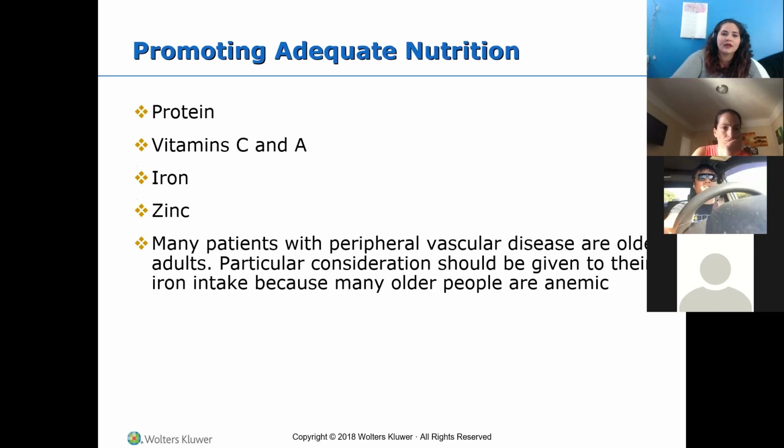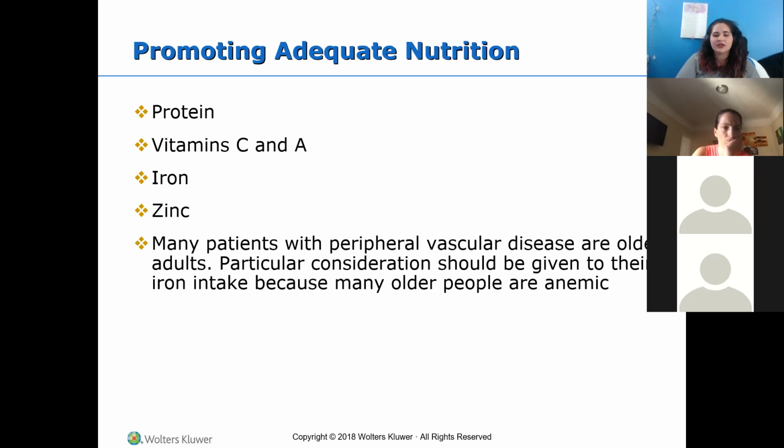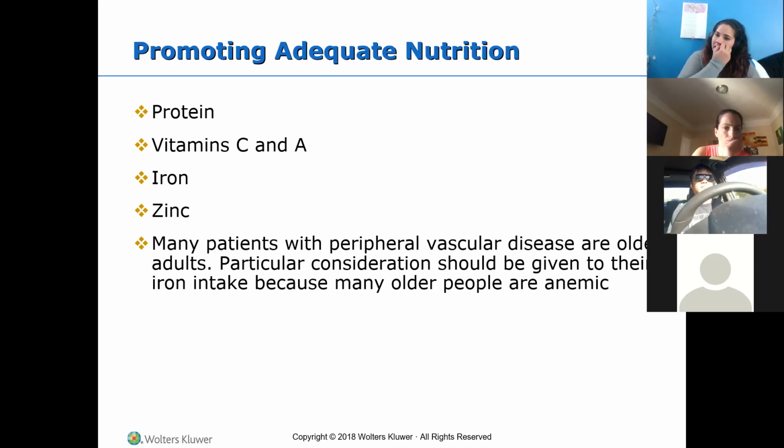Okay. Promoting adequate nutrition. We want protein, vitamin C and A, iron, and zinc. Many patients with peripheral vascular disease are older adults. Particular consideration should be given to their iron intake because many older people are anemic.